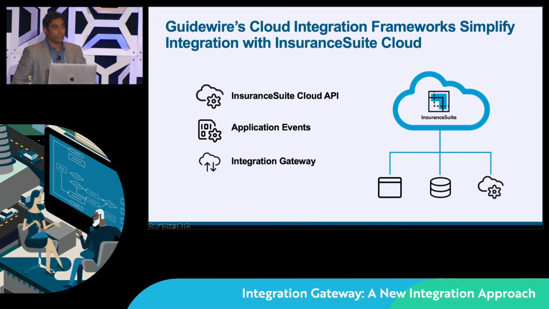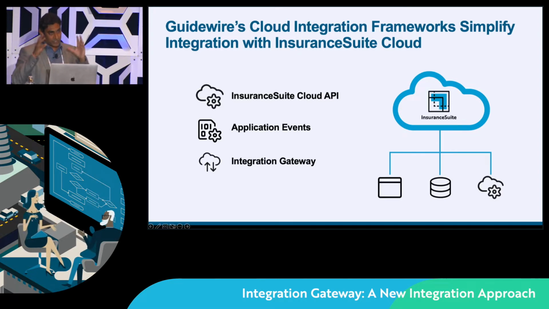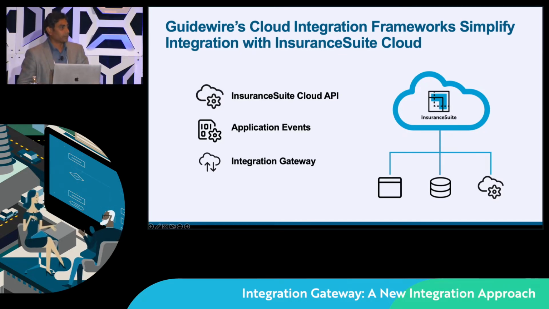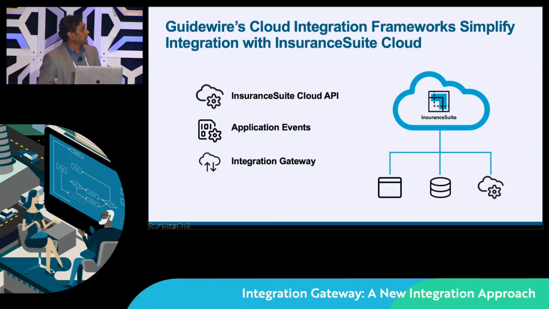Then App Events, which is just GA today. If you went to Simon's presentations, he talked about App Events. This is a standard way to publish outbound messages when events happen in the Centers. For example, a claim was created, a policy was created, or a claim was denied. When these events happen, App Events can publish an outbound message.